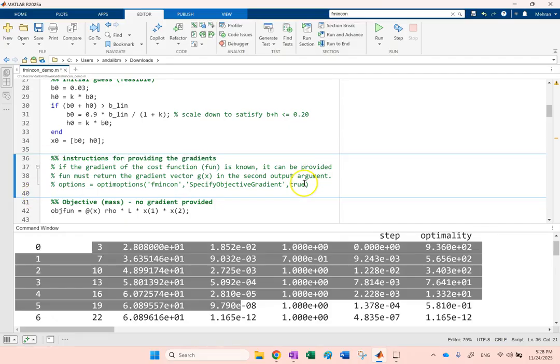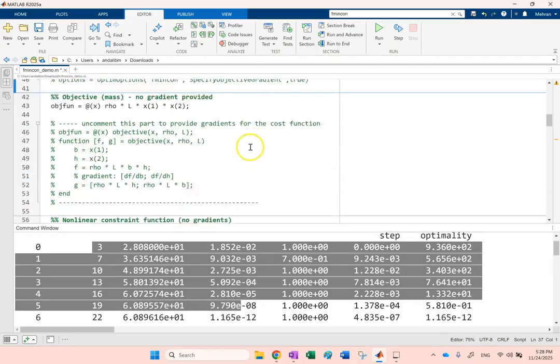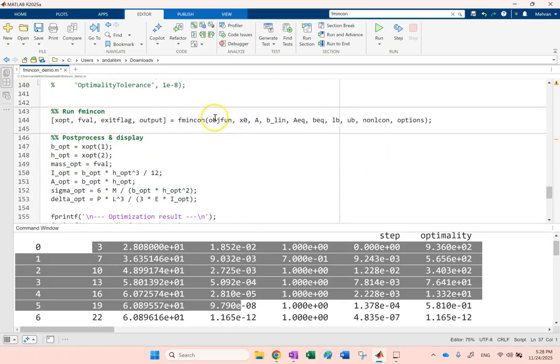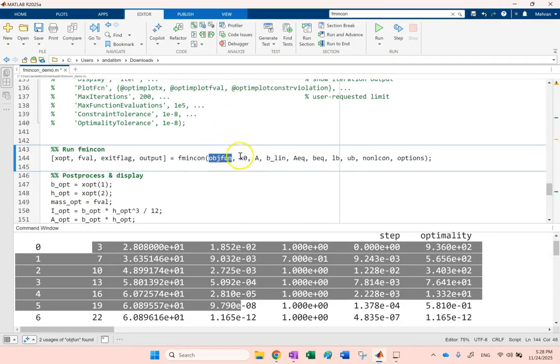Good. So now that we have all of them set and we have the upper and lower bound, look, I passed the cost function, I passed the initial guess, I passed the linear inequality, the linear equality, the lower and upper bound, the nonlinear functions for both equality and inequality, and all of the options.